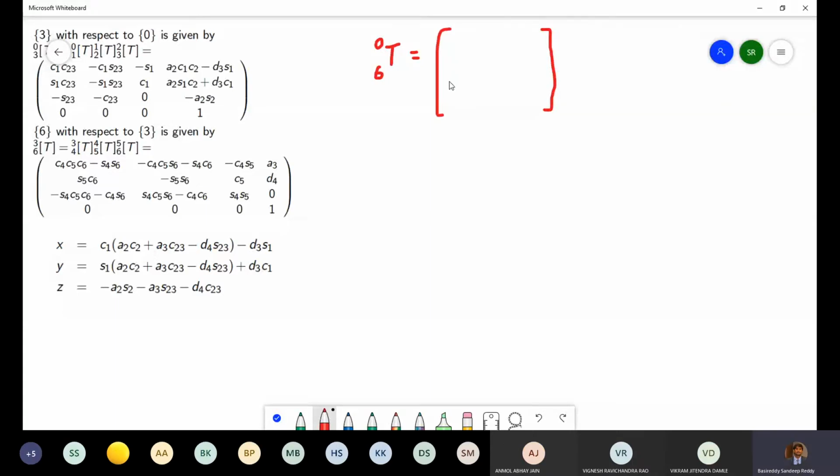which comprises R11, R12 and so on. Right, these are the actual values which are given.